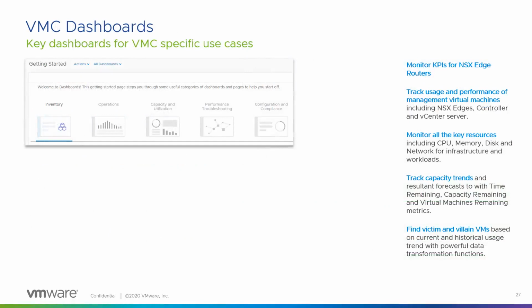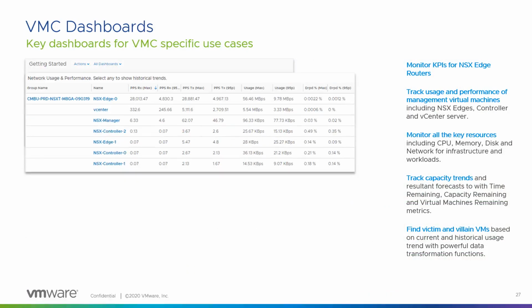In addition to that, we have some new VMC specific dashboards available. These cover various use cases for your monitoring environment. We have things like looking at the performance of your management components in your VMC environment, like the performance of vCenter, your NSX controllers, your edges, etc. So it's a dedicated dashboard just to look at the management components.